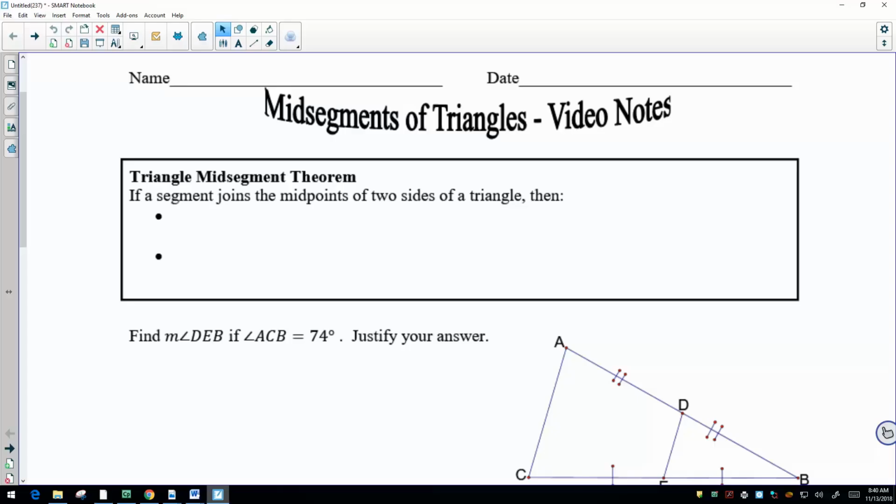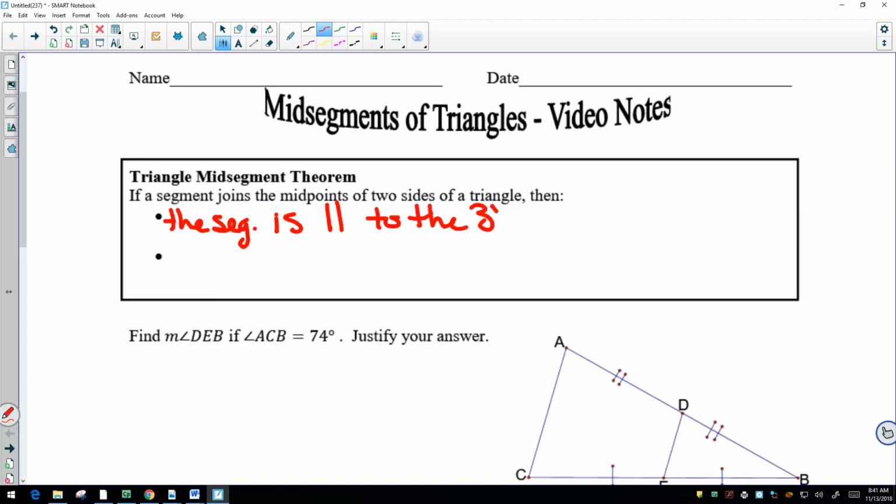So on our note sheet here, it says if a segment joins the midpoints of two sides of a triangle, then we can say the segment is parallel, I'm going to use my symbol, to the third side, meaning the side that we did not create a midpoint on.